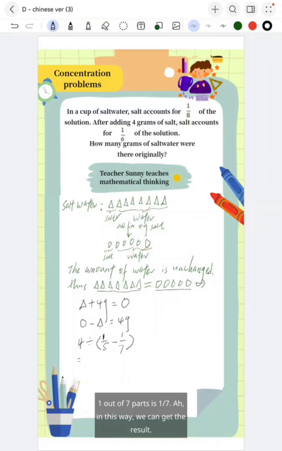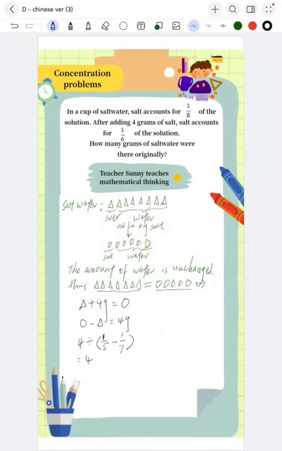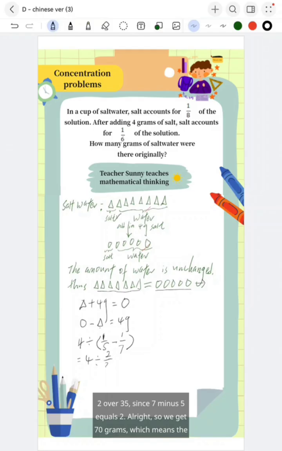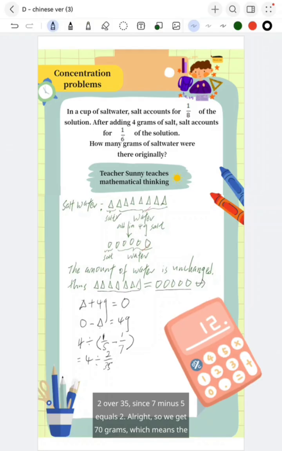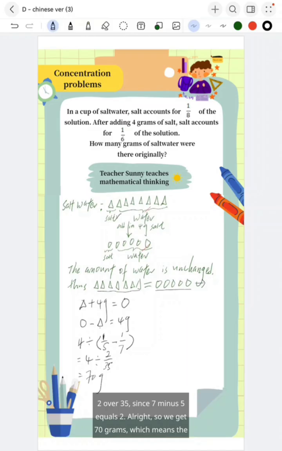In this way, we can get the result: 4 divided by 2/35, since 7 minus 5 equals 2. So we get 70 grams, which means that the value of 1 unit here is 70 grams. So this crucial value has been determined.